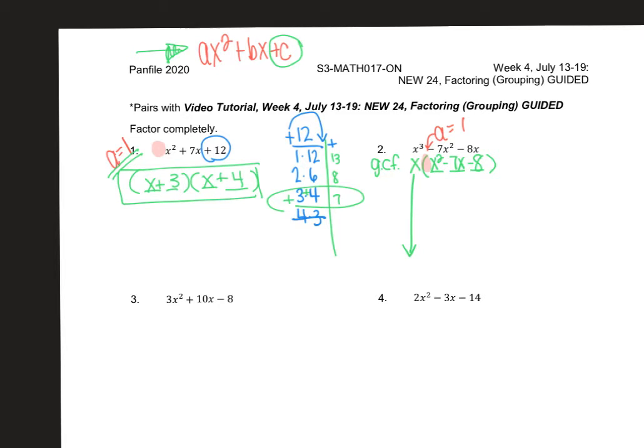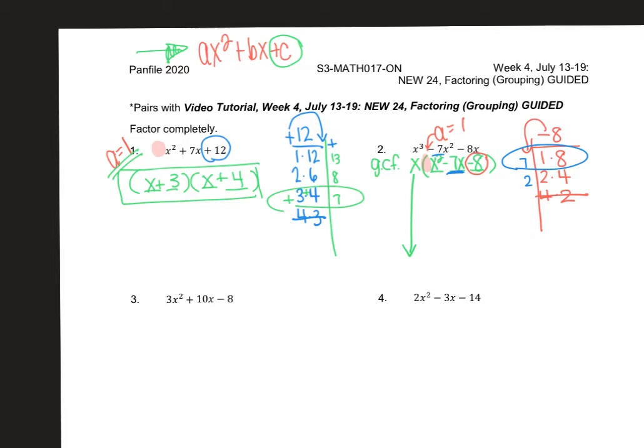Okay, so now all I'm worried about is this negative 8. And if I find my factors, I know that I'm only looking at this side, and that is talking about 7 and 2. I'm talking 7s because here's my middle number, right?